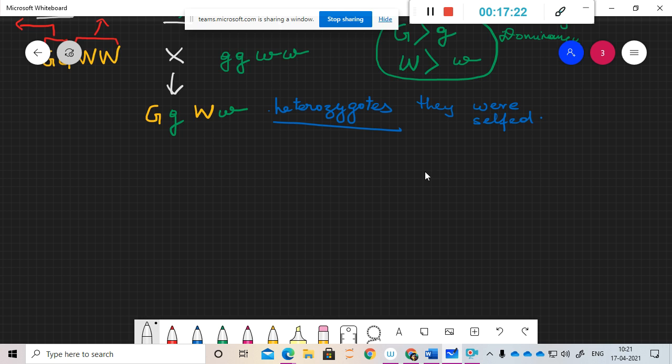So he had gametes forming. He had GW, G small w, G capital W. These were the gametes which were formed.